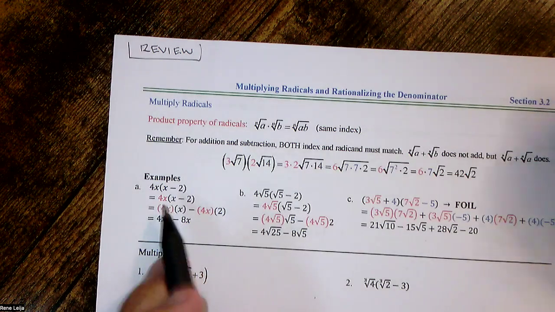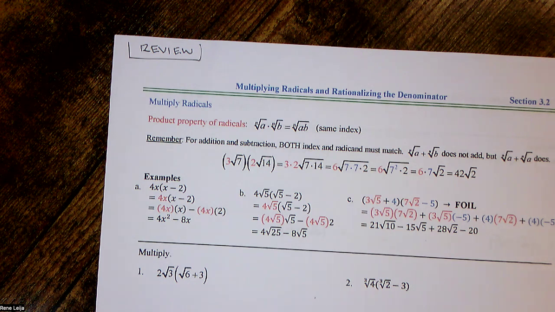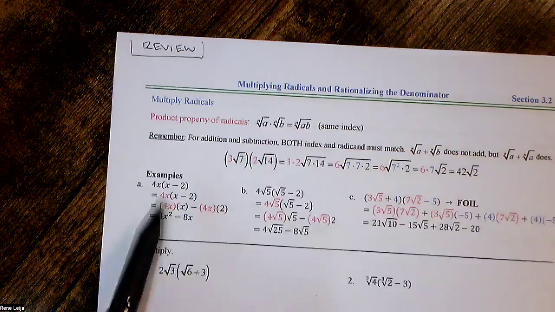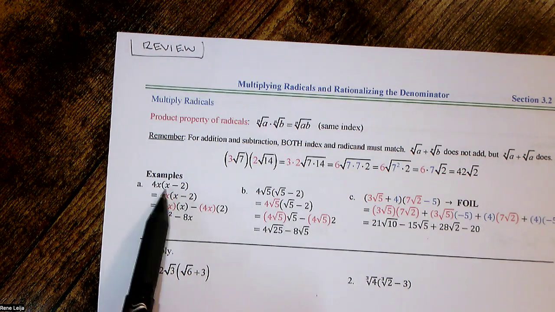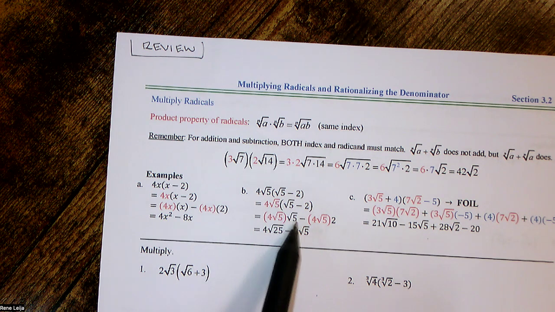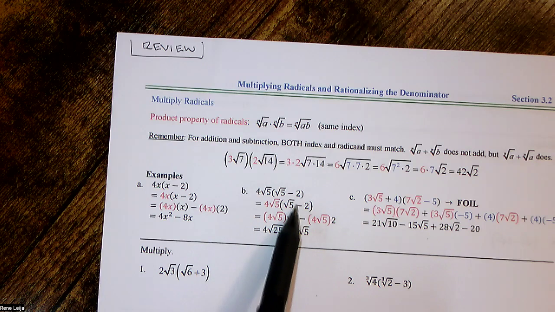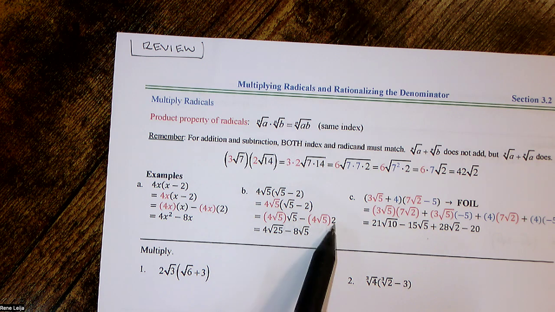And so the example shows one without the radical, just like if you were to distribute like normal when we had polynomials. Well, the same thing holds for radicals. So 4 root 5 times root 5 minus 2, you would distribute 4 root 5 times root 5 minus 4 root 5 times 2.